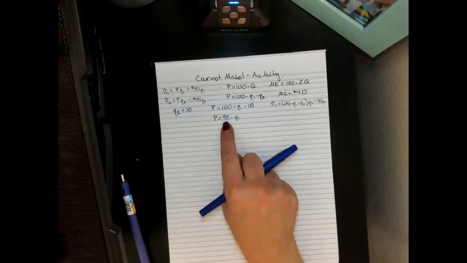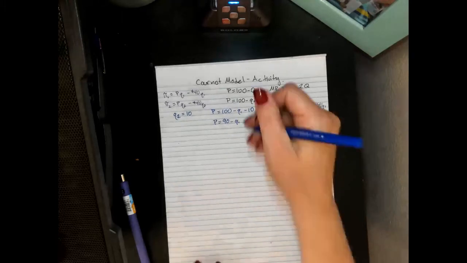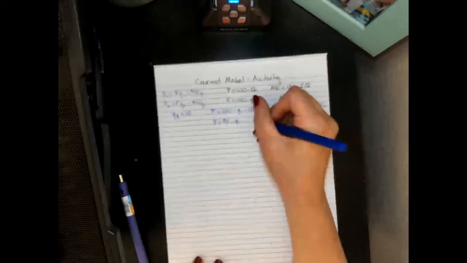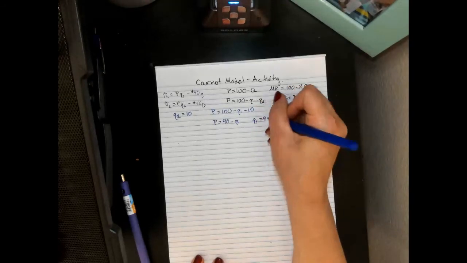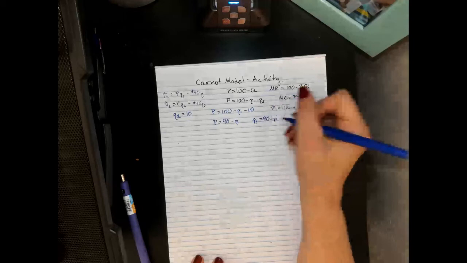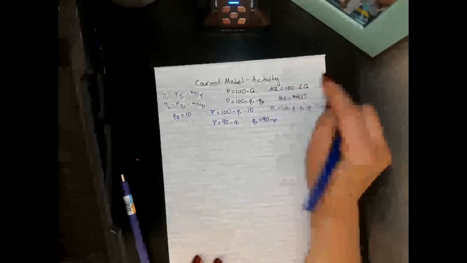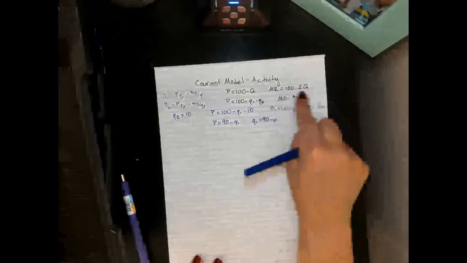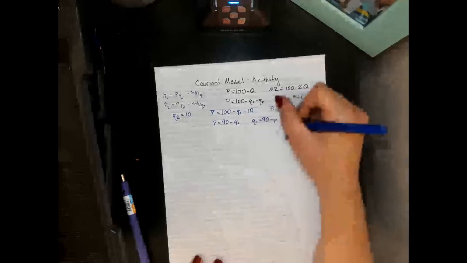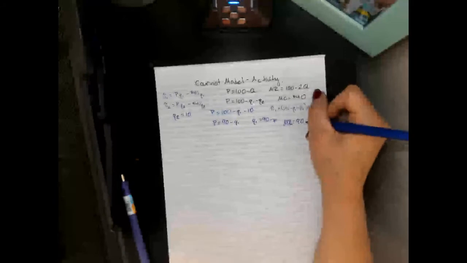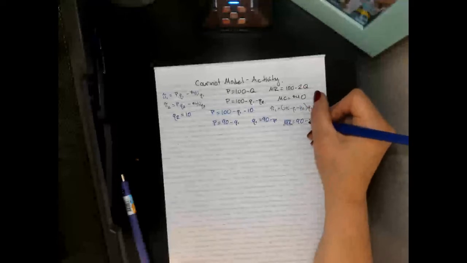So now we have the inverse demand function. We can also solve that for the quantity, right? Q1 is going to be equal to 90 minus P. And if the marginal revenue up here is 100 minus 2Q, the marginal revenue in this case is going to be equal to 90 minus 2Q1.